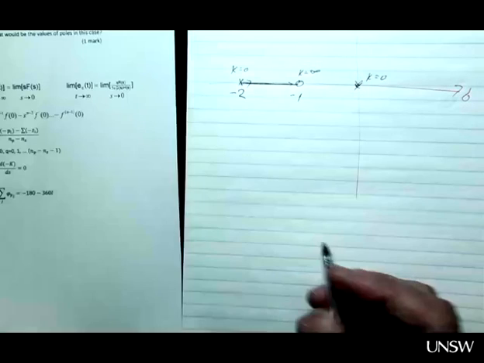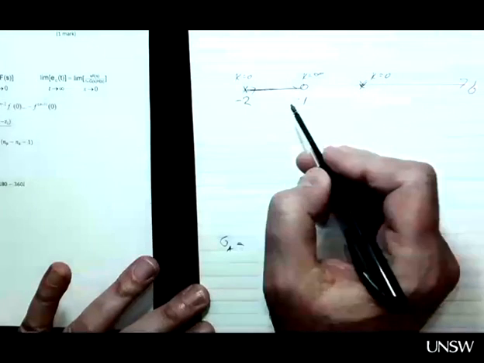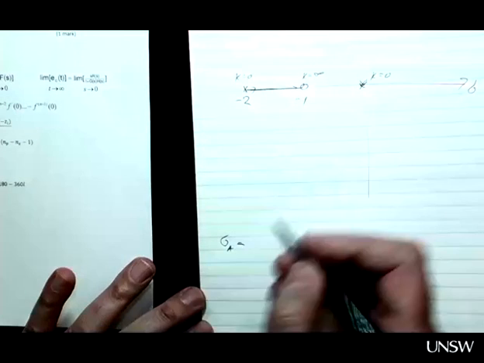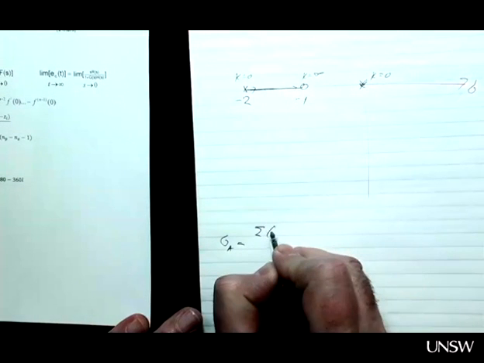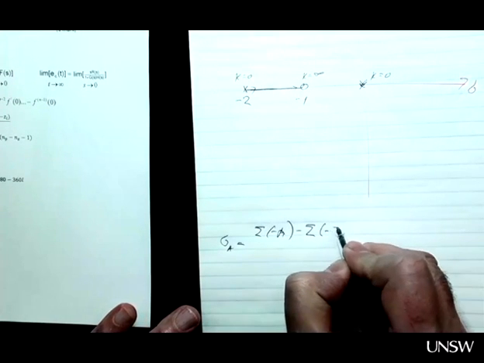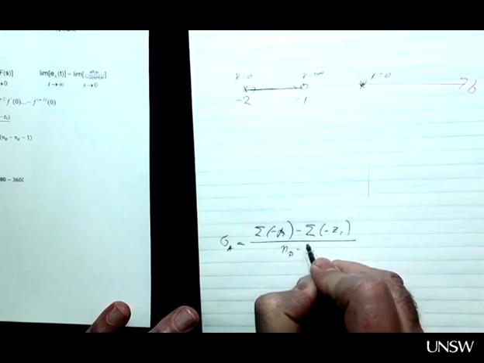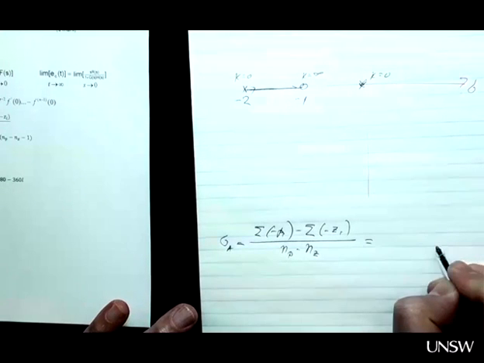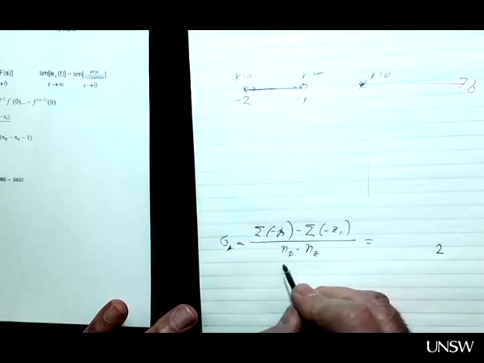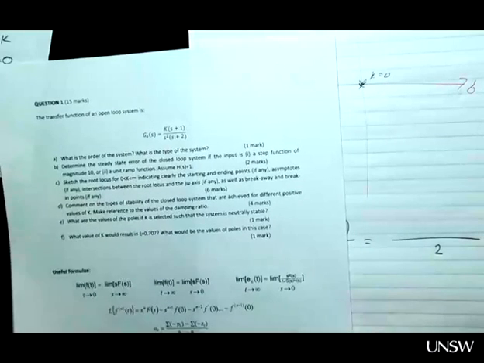So let's apply this. Sigma A, which is the point where the asymptotes intersect the real axis, equals the sum of minus Pi minus the sum of minus Zi, divided by the difference between the number of poles and the number of zeros. We already said this is 2, 3 minus 1. But here, the poles are 0, 0, and minus 2.